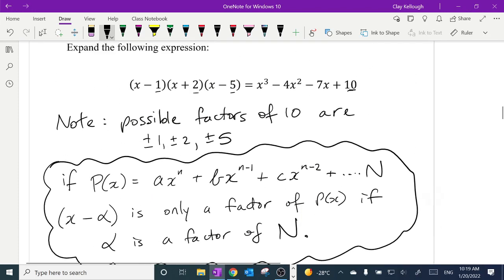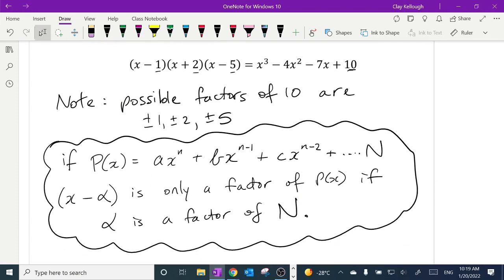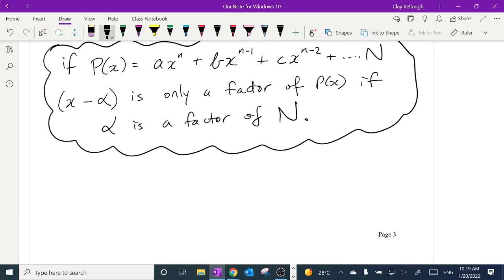Okay, so suppose I was trying to factor x cubed minus 4x squared minus 3x plus 10. And let's play dumb and pretend we can't see the factors that are already there above us. We're starting from scratch. We have no idea what these factors are.